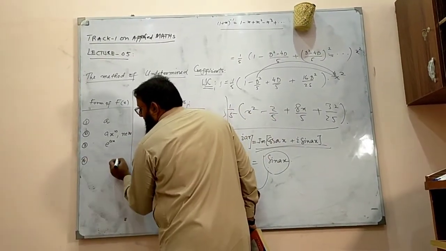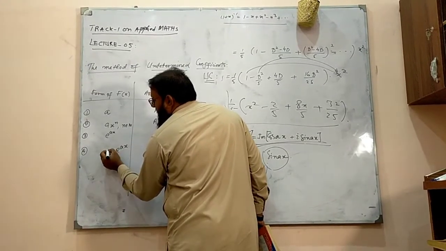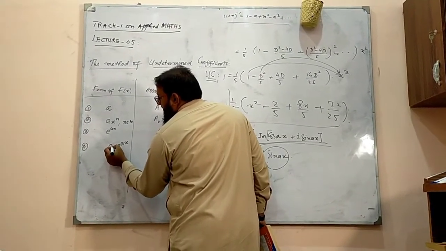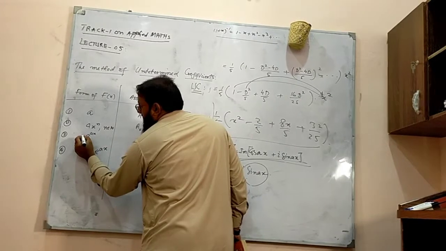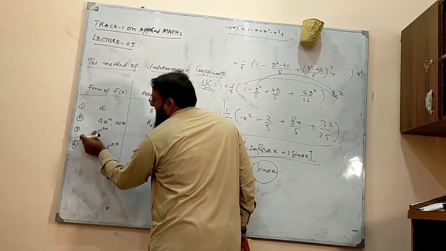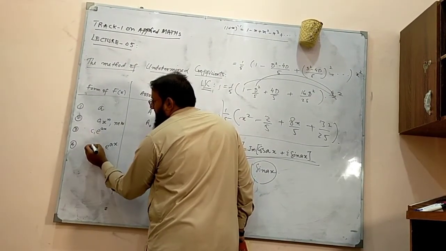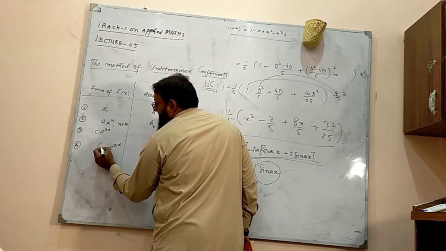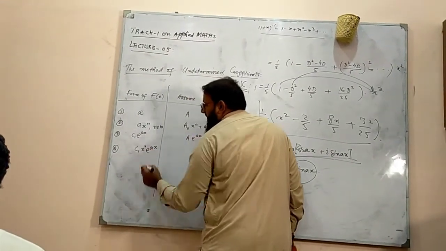Fourth, if this exponential is multiplied with x power n, it should be some coefficient here as well. Let us name it c1, and this is some c1 x power n.